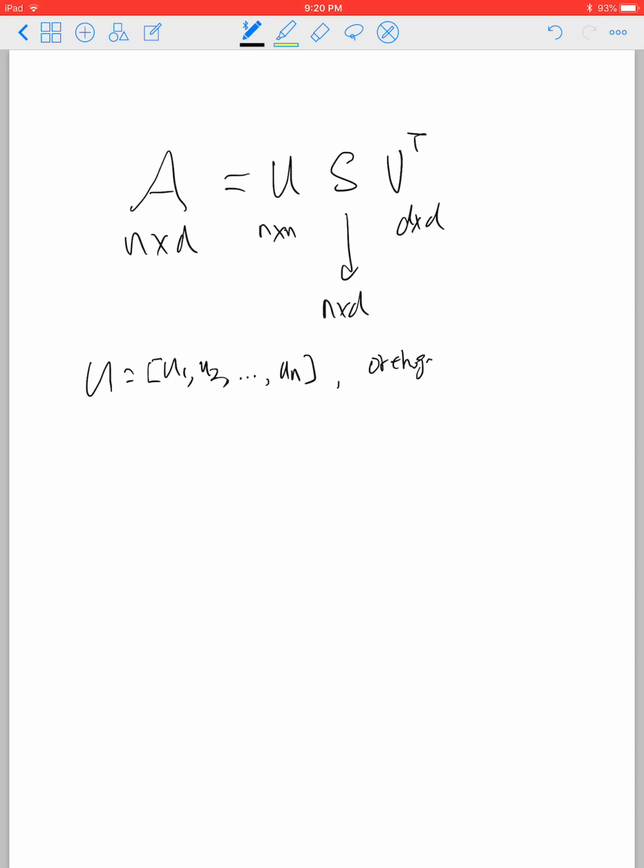Okay, let me start. I will first briefly review what we have learned in previous lectures, namely singular value decomposition and eigen decomposition, and then both decompositions will finally lead to principal component analysis.